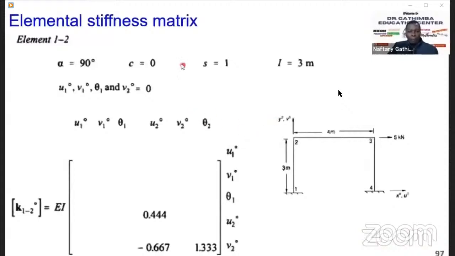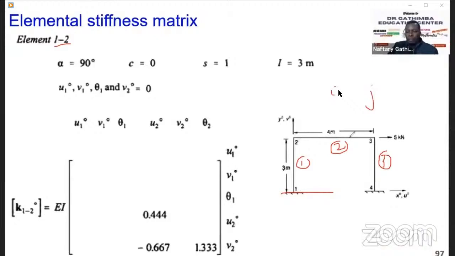So that being said, what we need to do now is go ahead the same way we are doing with the other examples. Let's call this element 1, this is element 2, element 3, or as the reference book says, element 1-2, element 2-3, element 3-4. So again, remember we said that angles are measured at the lower node. So IJ, where I is the smaller node, the lower node, in terms of counting numbers.